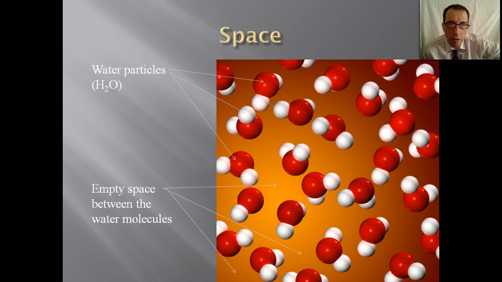But you'll also notice that between those water molecules is what some kids incorrectly refer to as air, but that is not air, that is empty space. There is nothing in those spaces between the water molecules, nothing physical except for space itself. Okay, so that's important to keep in mind. So here we have a picture of these arrows pointing to the empty space between the water molecules, and these arrows are pointing to the water molecules themselves.